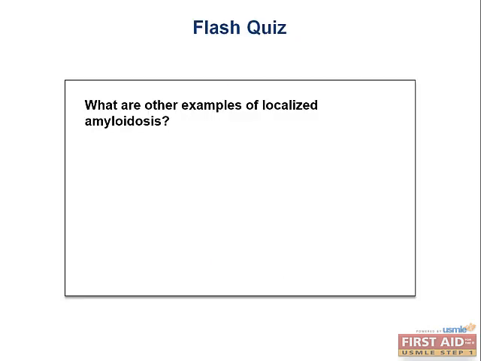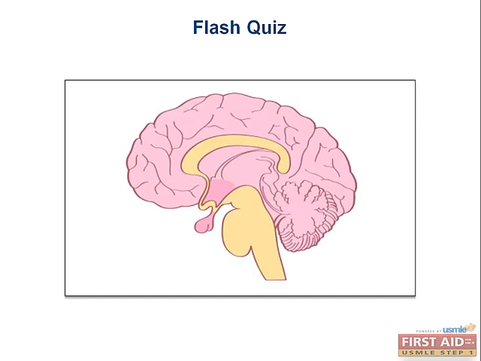So no good. What are some other examples of localized amyloidosis that target more specific organs, like we just saw with transthyretin affecting the heart? So, what about the brain? What type of amyloidosis specifically builds up in the brain? How about Alzheimer's, right? Alzheimer's, and what is the name of that protein?